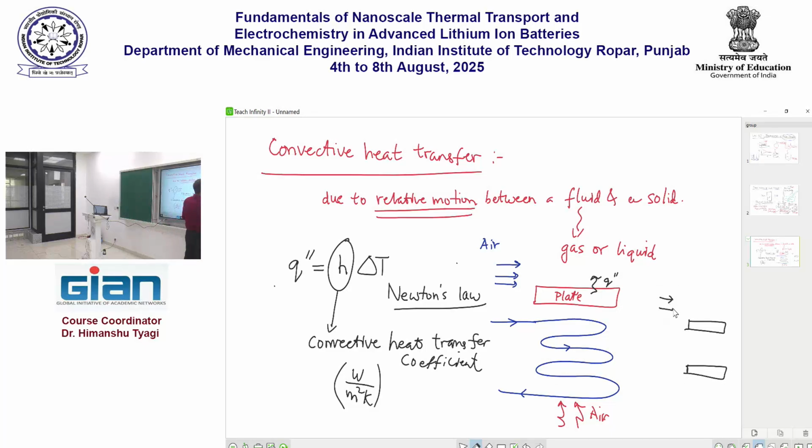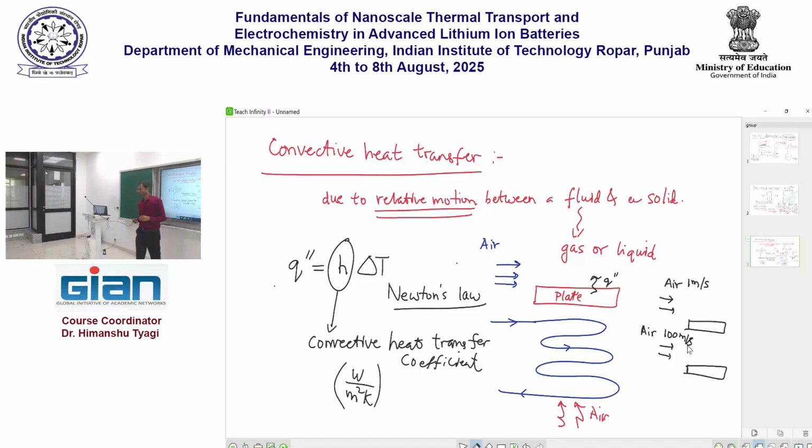In one case, I have air coming in at 1 meter per second. In the other case, I have air coming in at 100 meters per second, let's say. In which case do you expect more heat transfer to occur? The first or the second case?